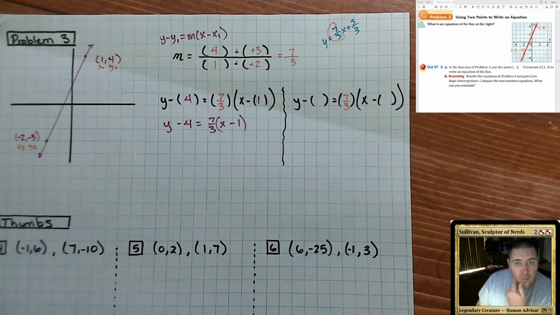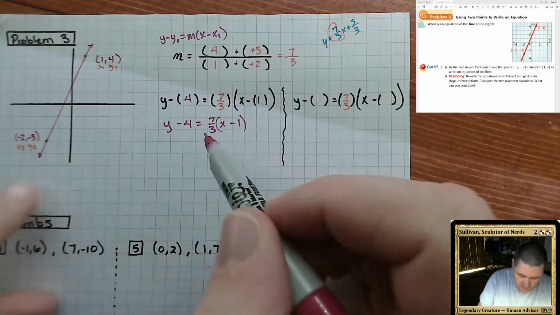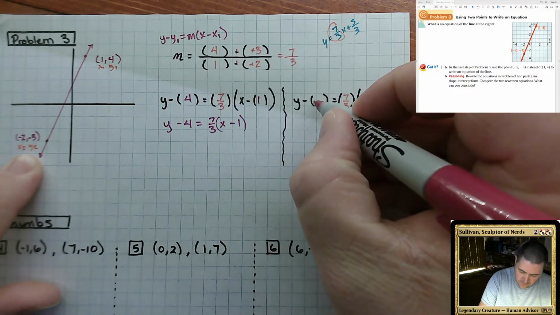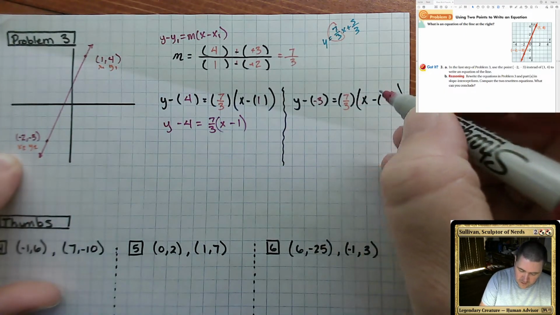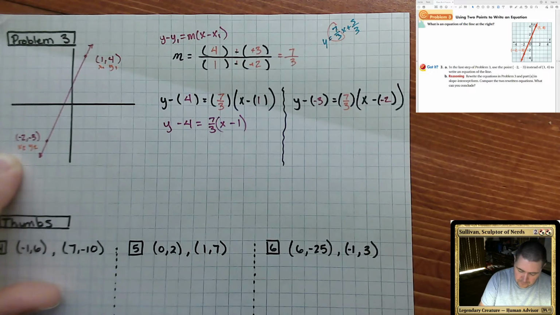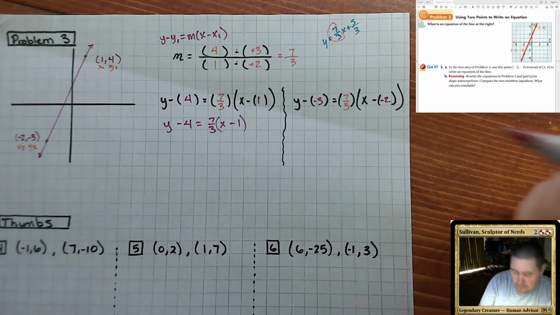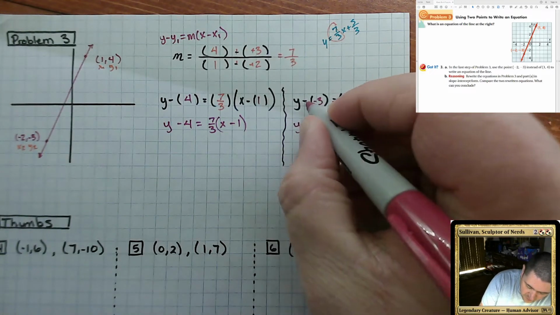But right below that, I'm just going to do the whole thing together. It says, what if you used the other point? What if I used y sub 2, negative 3, x sub 2, negative 2? What would happen? So add the opposite.